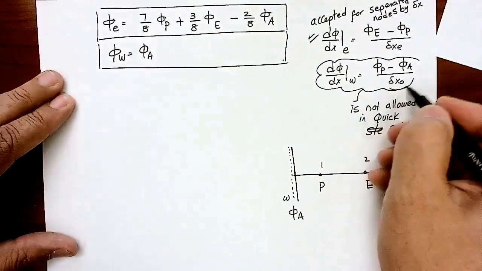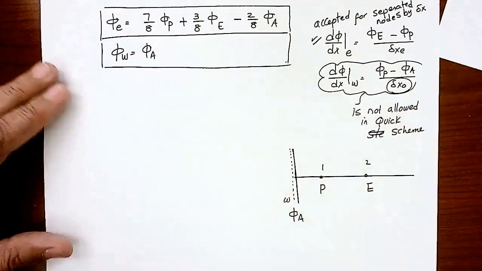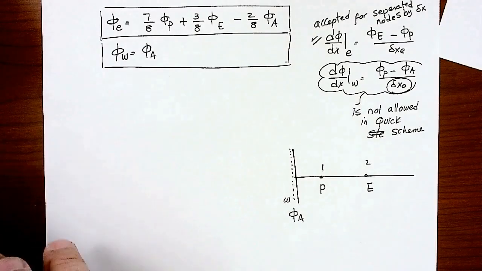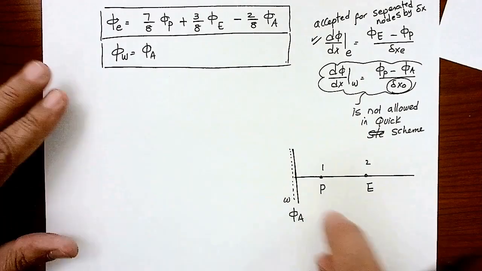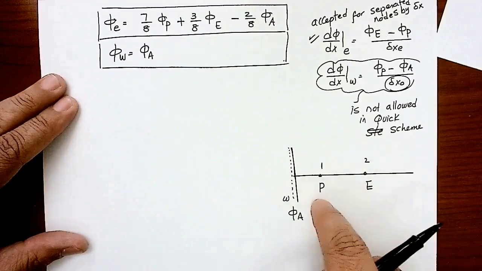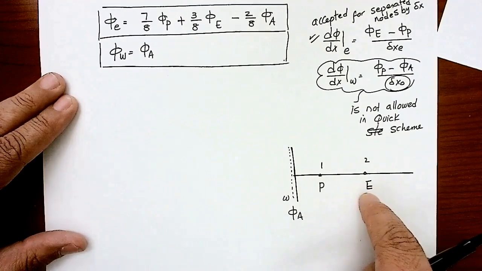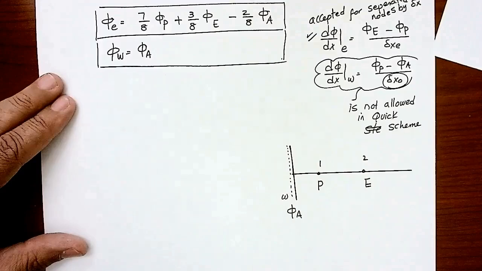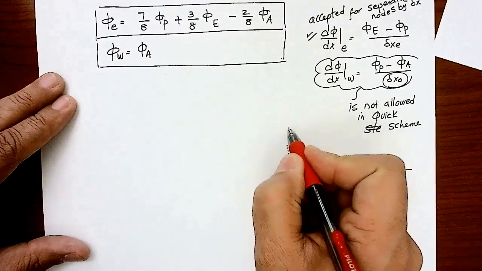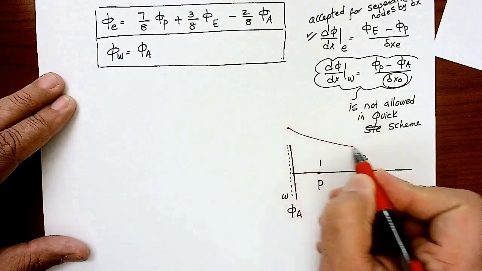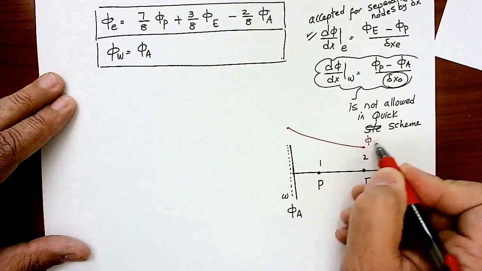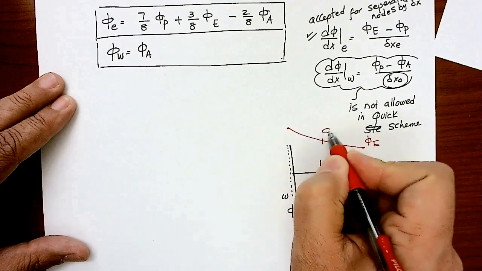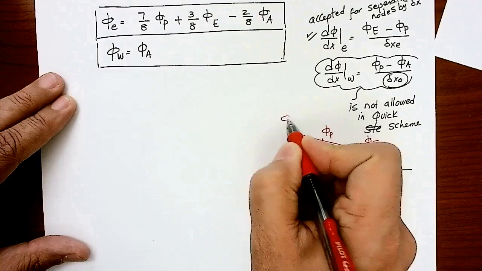But when it comes to delta x node or a shorter distance, the quick scheme is recommending to develop a quadratic equation between the west face, the P, and the E point. So how would this happen? So it wants us to do the following, to find a second order equation between phi east, phi P, and phi west.